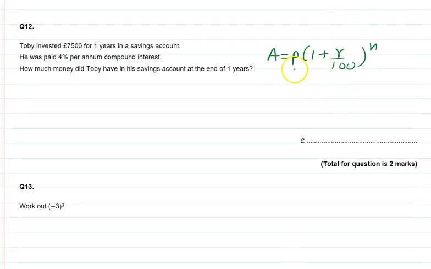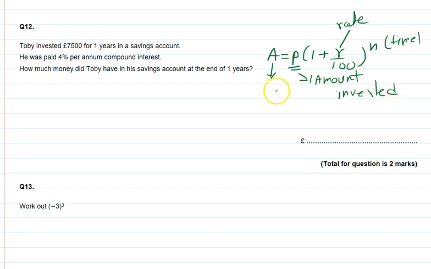P is the amount invested. A is the amount after the years, whatever you will get. R is the rate and n is the time. So let's write down here: R is rate, n is time, P is amount invested, and A is amount after a year.